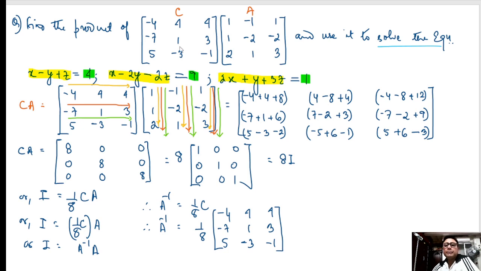So first we use the product. So let us do the product of this. So how to do the product? 4 into 1 plus 4 into 1, this 4 into 2. So here we are writing this.